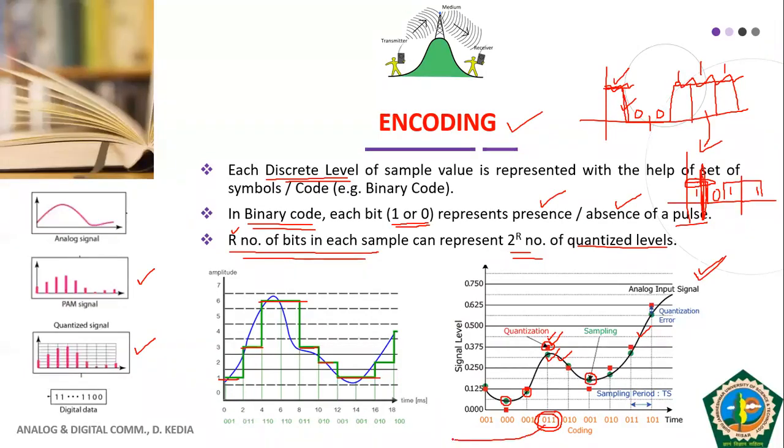From 011, I have to come to this particular level, which gives me 3. Or from 010, I'll have to come to a level that gives me level 1. That means I'm decoding. I'm grouping these pulses together to give me a single amplitude value. That gives me the amplitude of a single pulse. So I'm going back from coding to quantization.